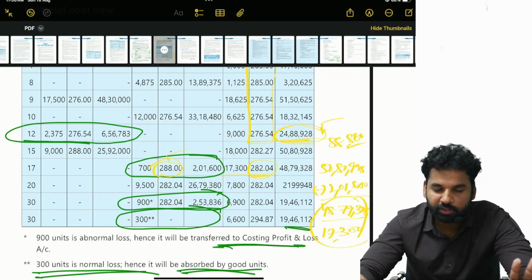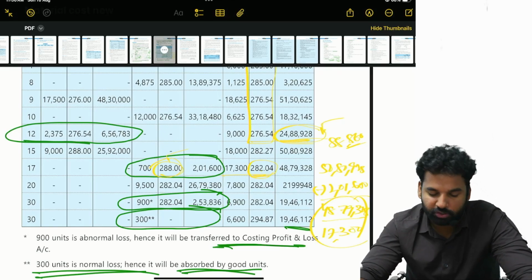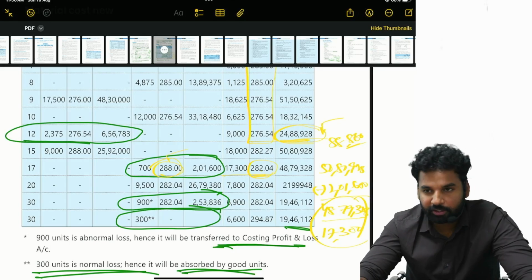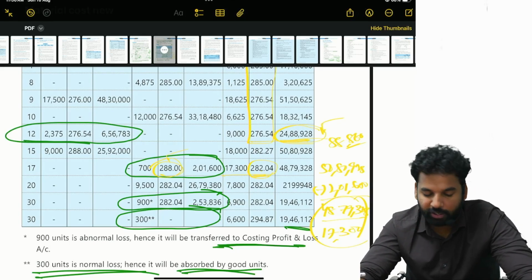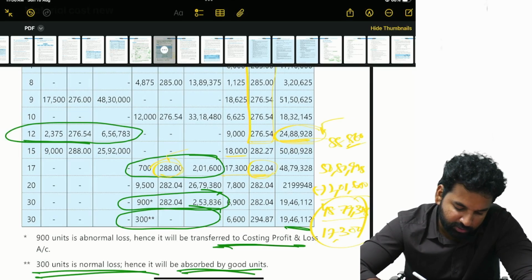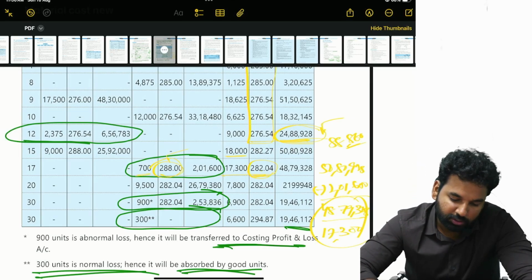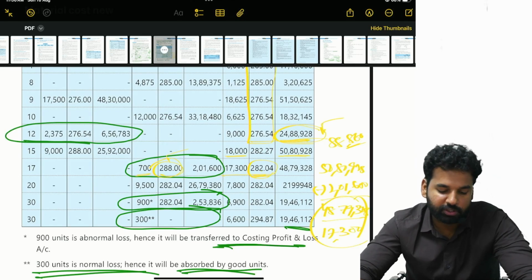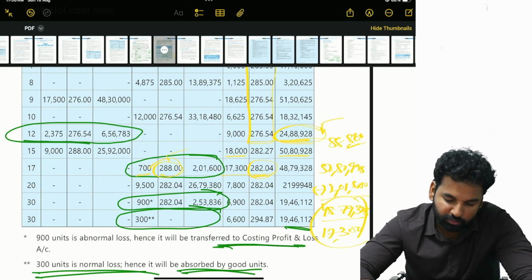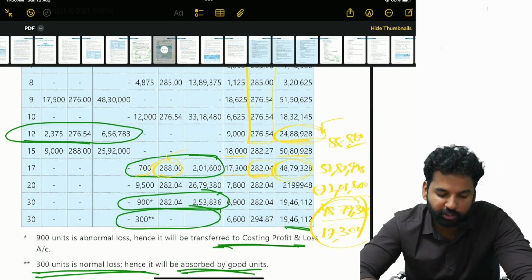Here we are just subtracting the value. So whatever we are issuing, we subtract that and then get the average price. See, 18,000 minus 700, you will get 17,300 units. So total value 50,80,928 minus 2,01,600, you will get this value, 48,79,328, divided by 17,300. You will get this value.